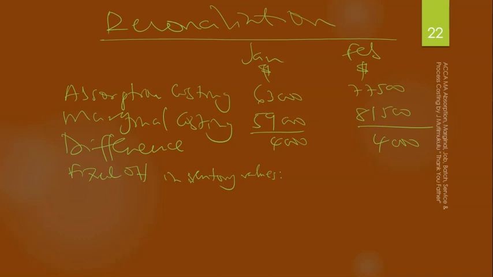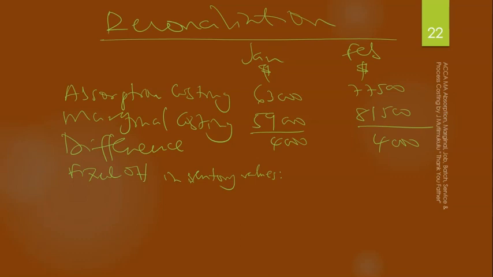There were some fixed overhead elements within the values of inventories when we were using absorption costing. But when we were using marginal costing, there were no such fixed overheads.